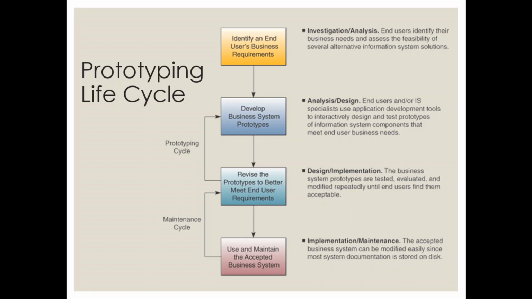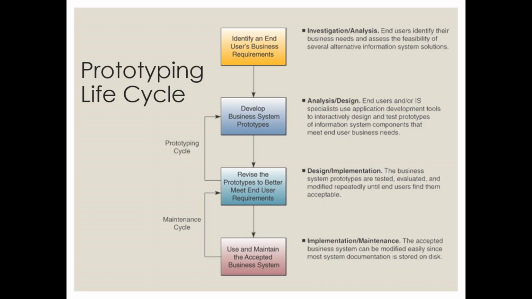So here, in the investigation or analysis phase, we are identifying the end users' business requirements. All such requirements of the end users are listed. Sometimes only a part of their requirements are listed, so that we can directly start developing the solution, which is known as a prototype.